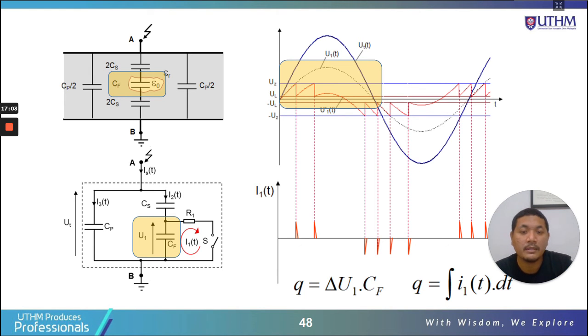But when the cycle goes to negative, this is now negative. The discharge still happens, but now in the different direction. That's why you see here in the negative cycle it's in a different direction compared to the first one. So it's repetitive: positive cycle, negative cycle, right?